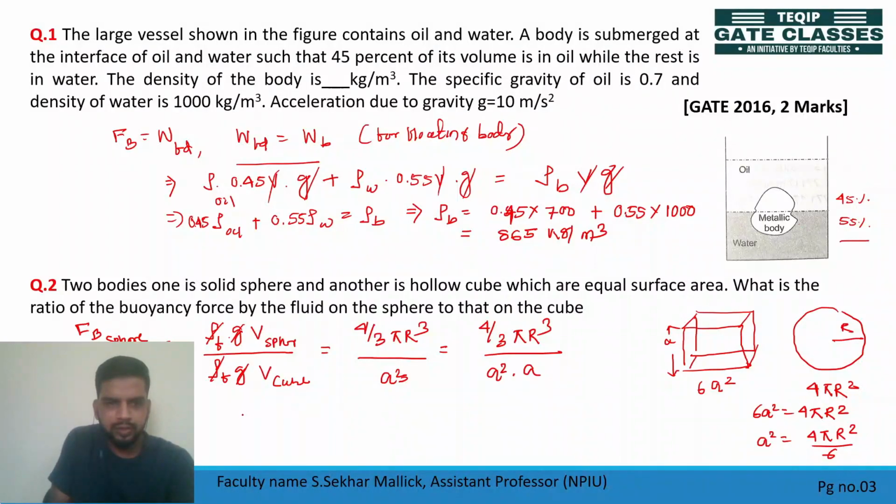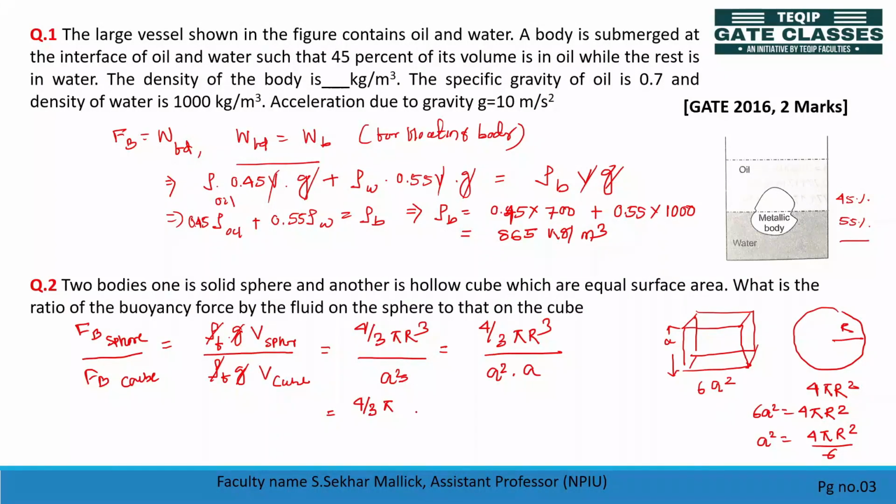Tell me. So this ratio would become 4 by 3 pi r cube over a square into a. a square is how much? 4 pi r square by 6. Then a into a. A is what? Root over of 4 pi r square by 6.